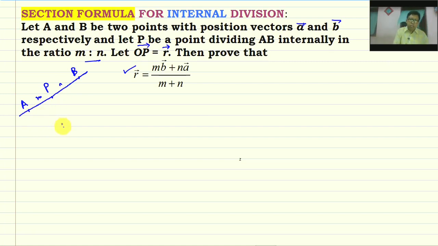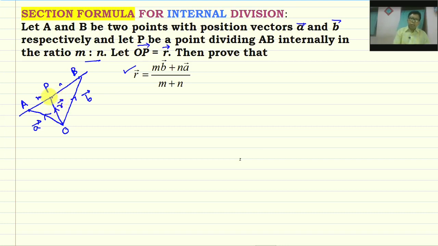So we consider an origin, say this is origin O. With respect to origin O, the position vector of A is a vector, and the position vector of B is small b vector. Also consider that the position vector of P with respect to the origin O is r vector.